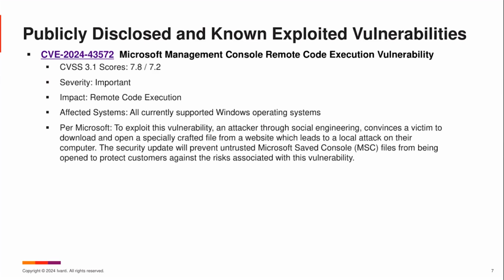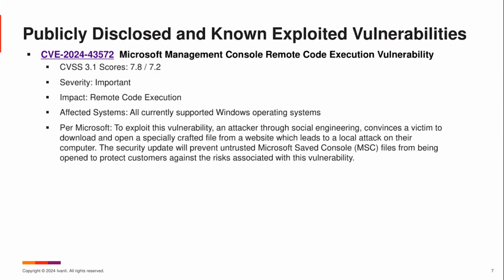So this is basically just updating the way that the management console enforces things, so that it scrutinizes that file more and makes sure that it's a trusted file, and if it's not, blocks it from being able to run. So this is one of the two that was confirmed to be exploited. My apologies, I read that for a second and my brain went from Microsoft's config manager console over to the MSC, which are two separate things.